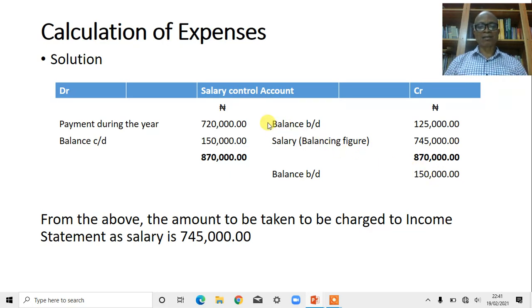So at the end of the day, you have 870,000, out of which you're going to deduct the balance brought down of 125,000. When you look at the difference, it is 745,000 naira. So the amount to be taken as salaries will be 745,000 naira. That is the balancing figure between this and the total figure here.